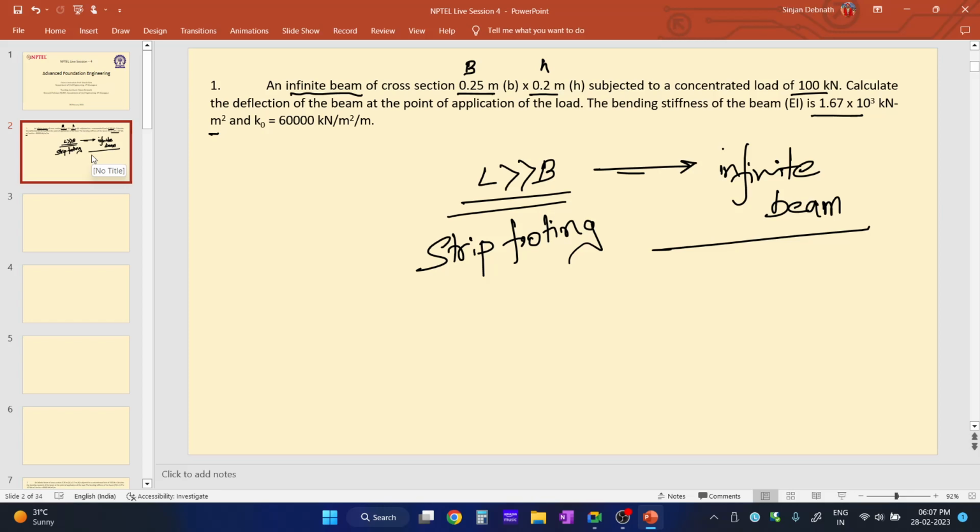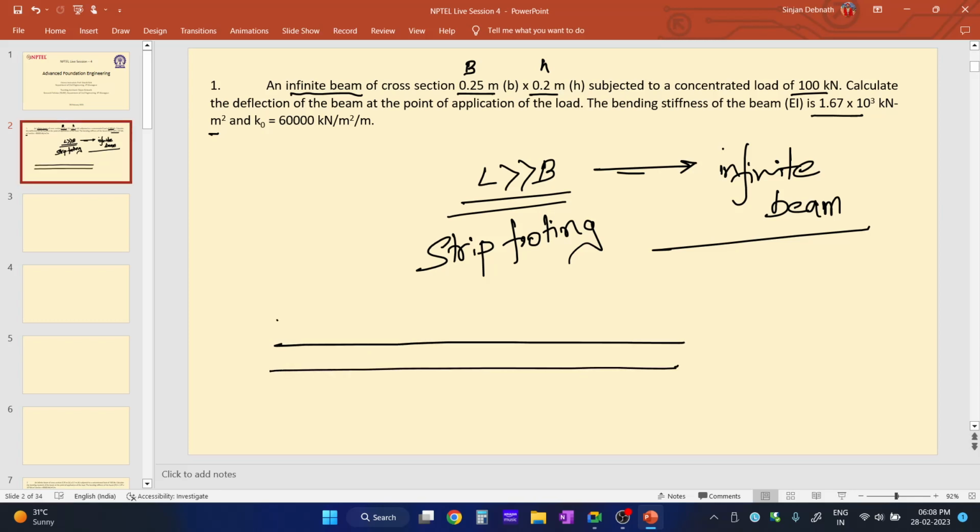So how does the infinite beam look like? Like this, the direction is x, along the x-axis.